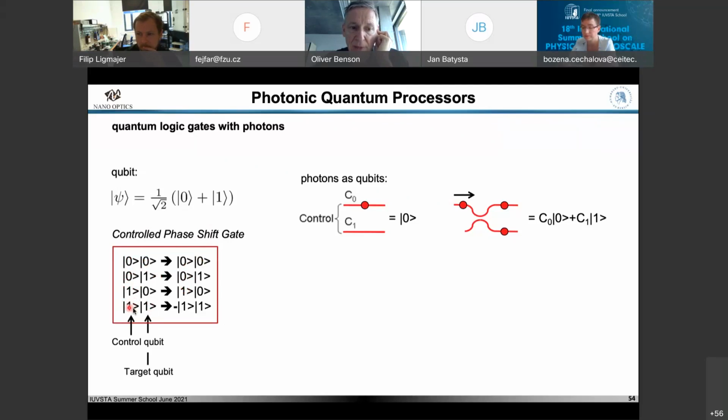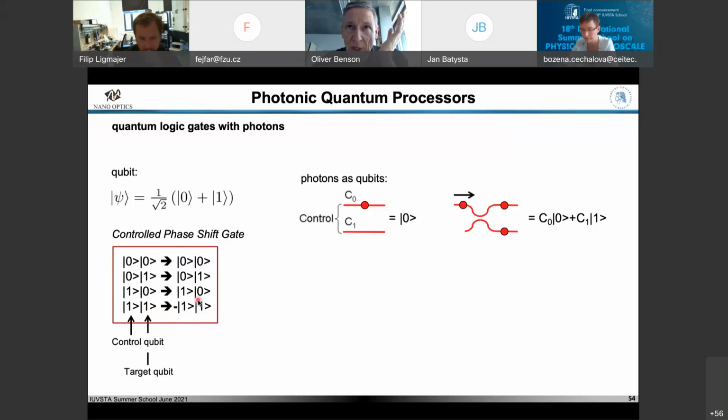But if the two qubits are in state 1, then you introduce a minus sign. This is only for the pure states, and this gate should operate also if one of these qubits is in a coherent superposition. You can easily show what the outcome would be if you have a 0 plus 1 here interacting with a 1: it would add a minus sign only to the 1, 1 component.